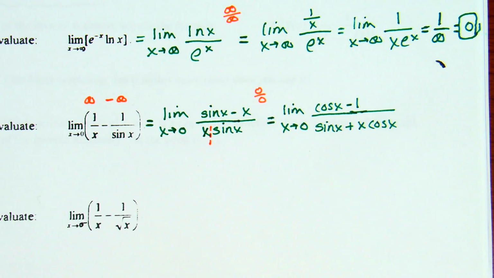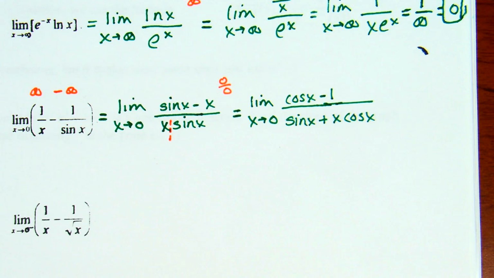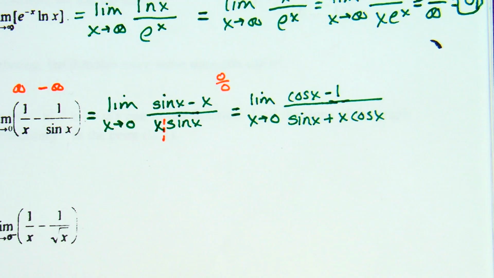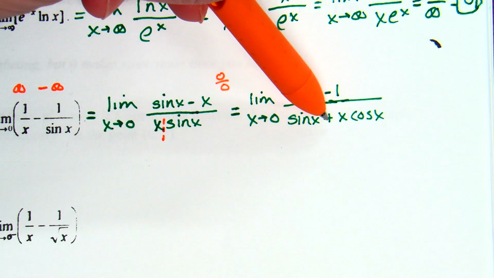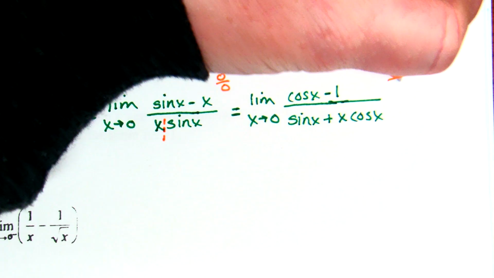So, now what happens when I plug in 0? On top, cosine of 0 is 1. So 1 minus 1 is 0 on top. Denominator, sine of 0 plus 0 times cosine of 0. 0 over 0 again.